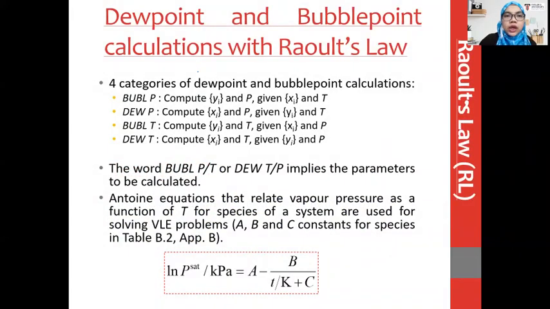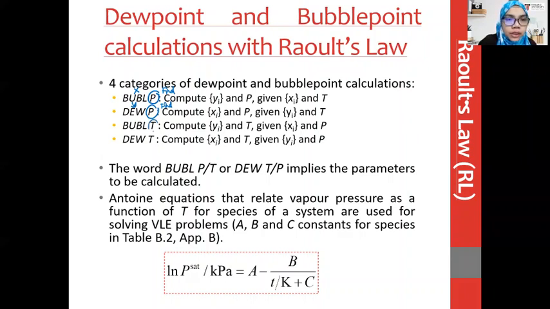The calculation of Raoult's law can be categorized into four types. For bubble P, we need to find P, and the composition of the liquid is given. For dew P, we need to find P and the composition of the vapor is given.